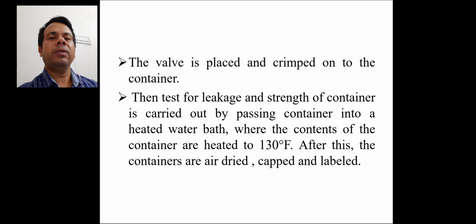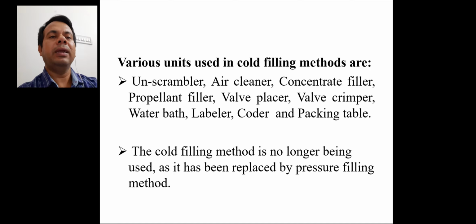onto the container. Then test for leakage and strength of container is carried out by passing the container into a heated water bath, where the contents of the container are heated to 130°F. After this, the containers are air dried, capped, and labeled. Various units used in cold filling methods are unscrambler, air cleaner, concentrate filler, propellant filler, valve placer, valve crimper, water bath, leveler, coder, and packing table.